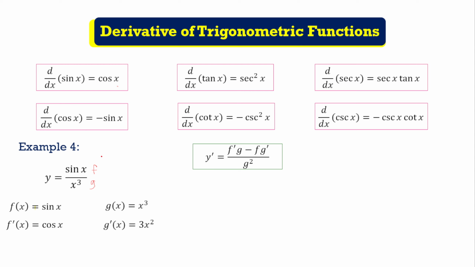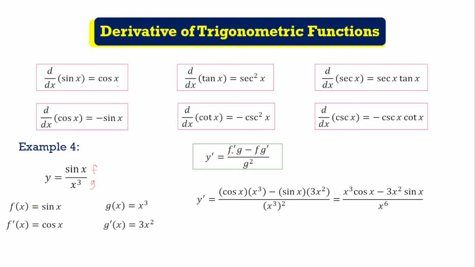Applying the quotient rule, since meron tayong in the form of f of x over g of x, ang derivative ng f of x over g of x ay this. F prime times g minus f times g prime all over the g squared. Pasok-pasok yung mga yon, si f prime natin, cosine x, pinasok natin. Ang ating g ay si x cube.